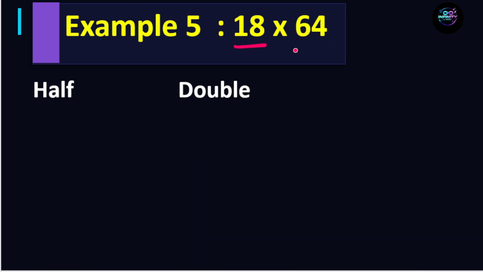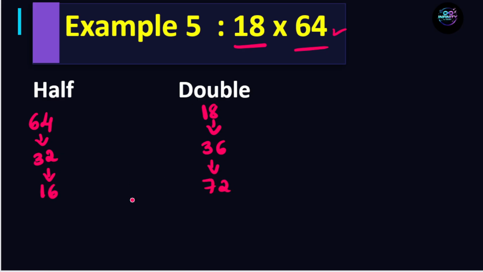Now let us solve 18 times 64. Now I am taking 64 for halving and 18 for doubling. 64 half is 32. Double of 18 is 36. 32 half is 16 and double of 36 is 72. 16 half is 8.